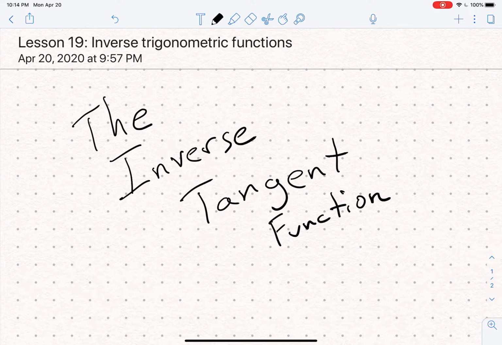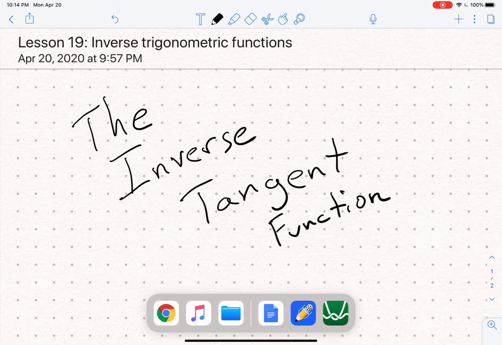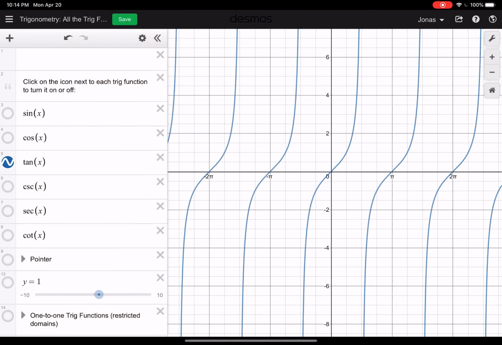So to start with, let's just recall the tangent function, and for that I'm going to pop over into my calculator Desmos. And in Desmos I already have graphed the tangent function. The tangent function consists of a whole bunch of repeating vertical stripes. They look a little bit like an x cubed graph, but not exactly that. Similar shape, though.